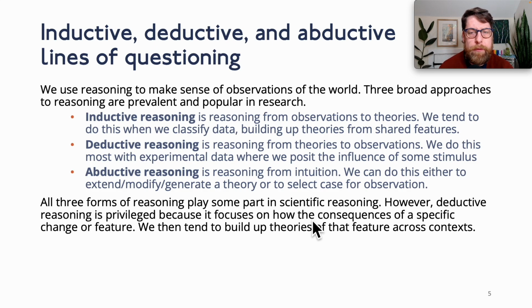On the other hand, with deductive work, what you're doing is trying to focus in on a specific feature or a specific stimulus, and then you can compare that to another stimulus. Is the effect size different? Is it larger? Is it smaller? Or you can rule out the effect of that stimulus on the outcome. And that sort of specificity of deductive reasoning can be really useful.